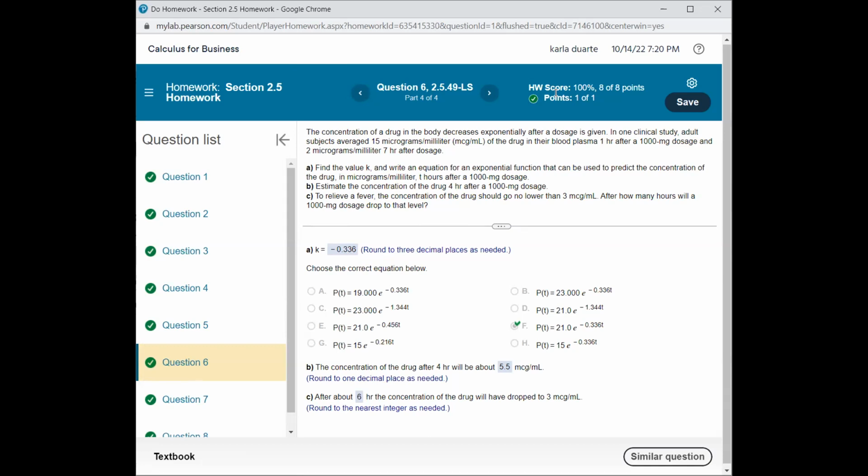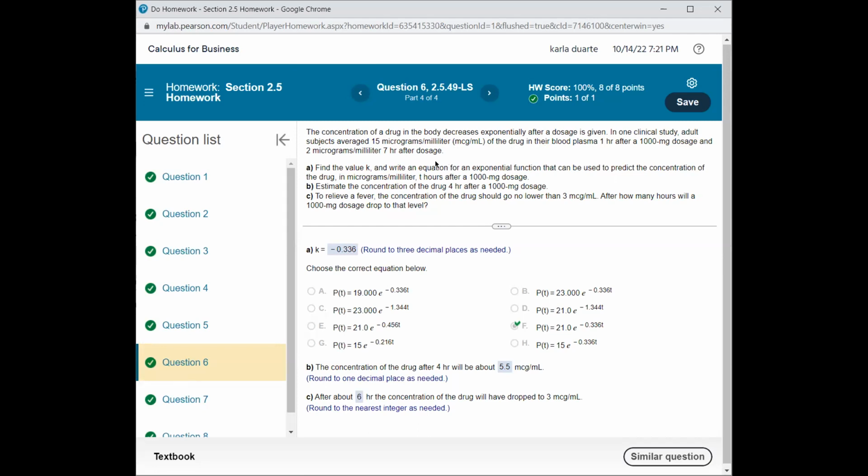So basically what this is telling us is the amount of the drug you have in your bloodstream follows an exponential decay, okay? In one clinical study, adult subjects averaged 15 micrograms per milliliter of the drug in their blood plasma an hour after 1,000 milligram dosage, okay? And 2 micrograms per milliliter 7 hours after dosage.